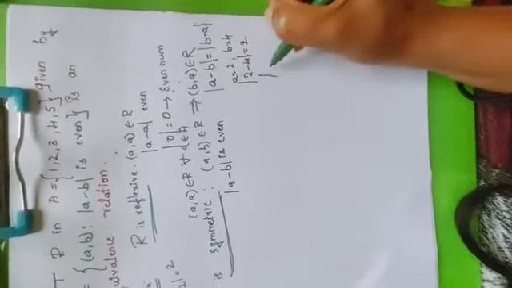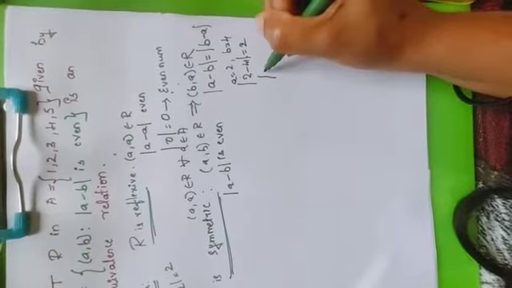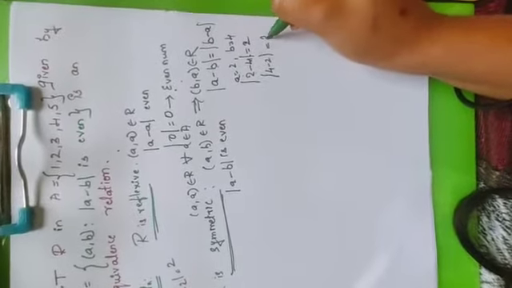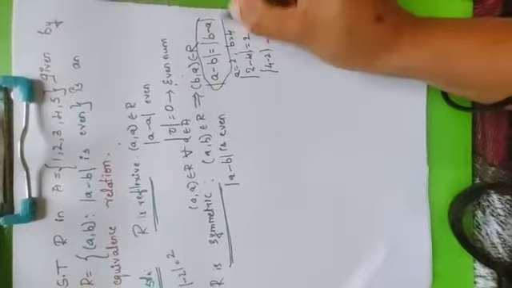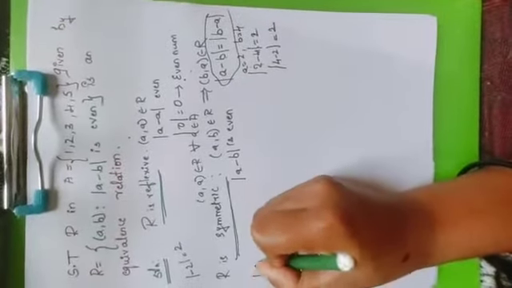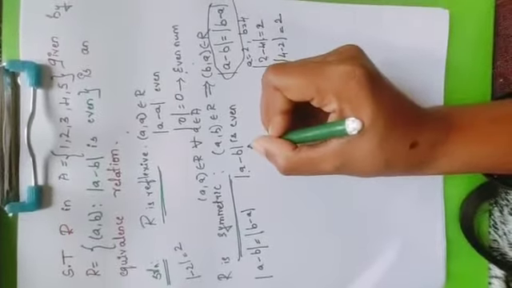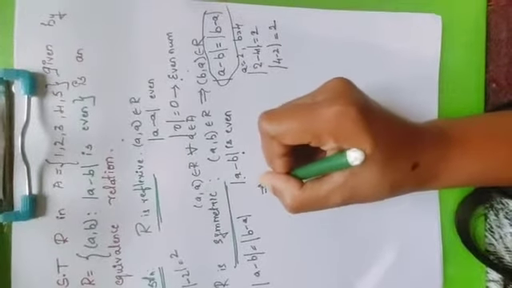Now if I take the reverse, |b − a| is |4 − 2|, which is 2. So always remember, when the modulus function comes, |a − b| is always equal to |b − a|. So we already have |a − b| is even. What does that mean?